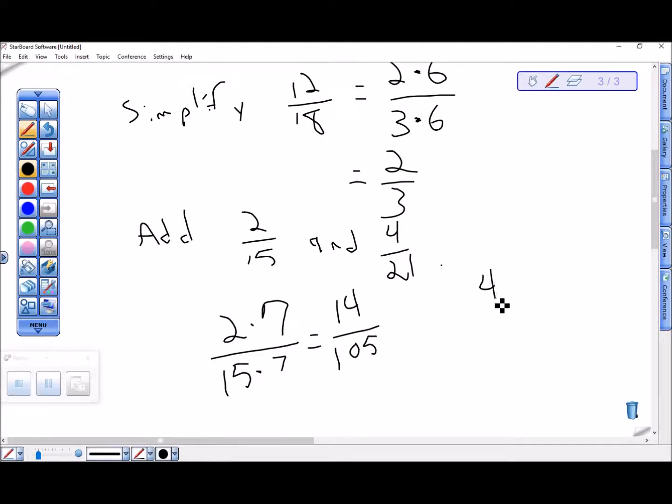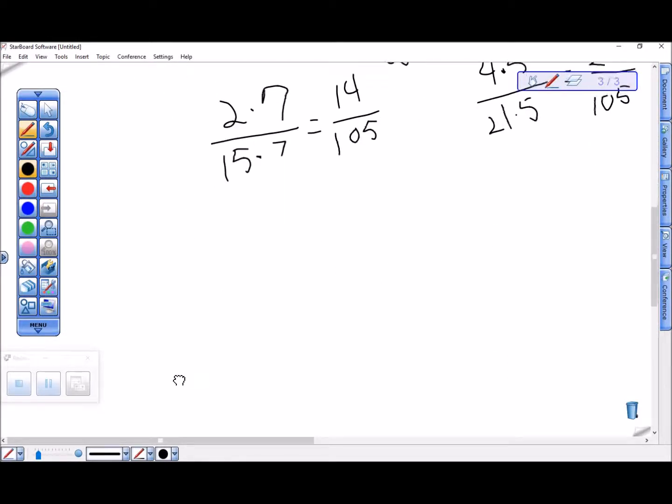And I would rewrite 4/21 as 4 times 5 over 21 times 5, which is 20/105. Now I can do something with those numbers because they have the same denominator and I'm trying to add.